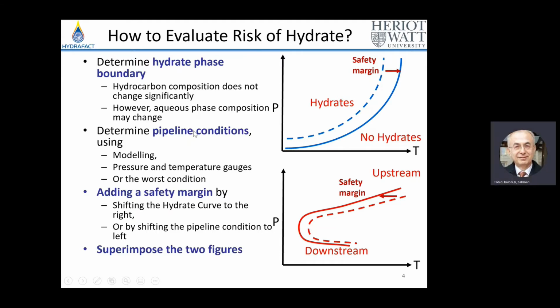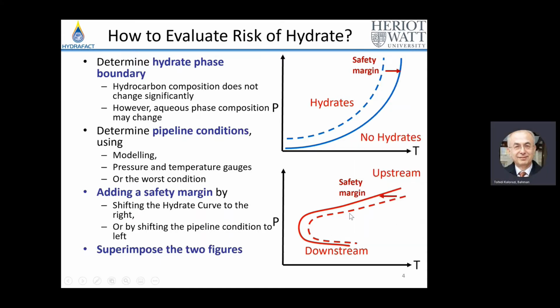Pipeline condition. This will show the pipeline condition. In the pipeline, the fluid is initially warm and cools down in the deep ocean, and then when it comes to the surface, or shallow water, it warms up.